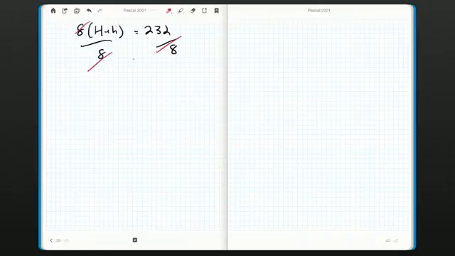And 232 divided by 8 is 29. All right. So we have the answer we want. The total height is 29.